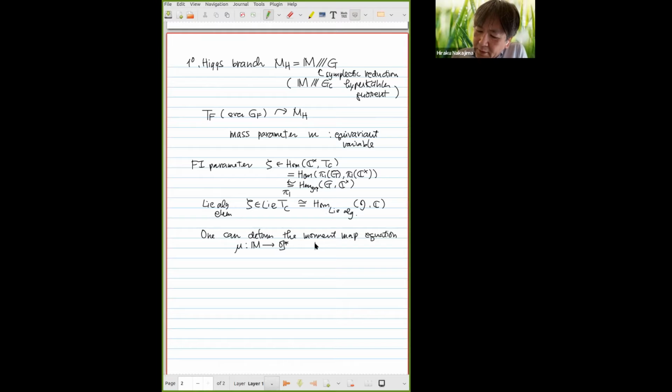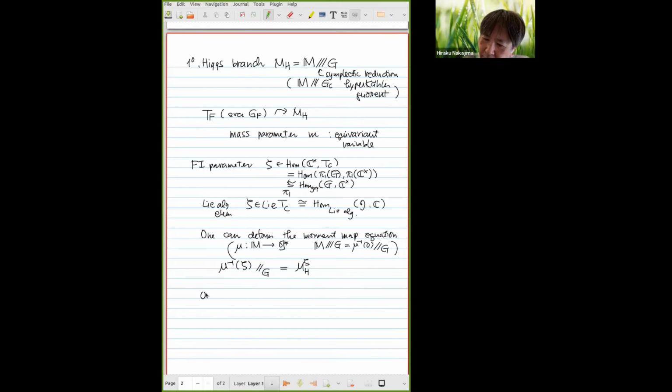Then the symplectic reduction was defined as mu inverse 0 divided by G in the sense of geometric invariant theory. But instead of this, you can consider mu inverse of zeta divided by G. I denote this by MH of zeta.